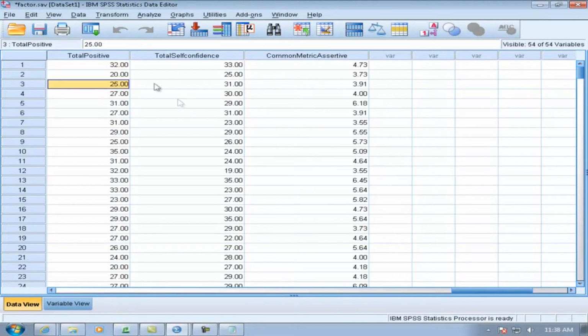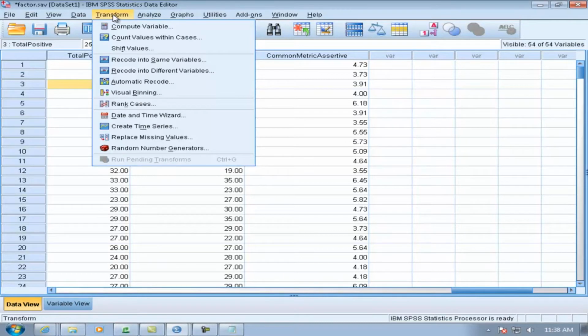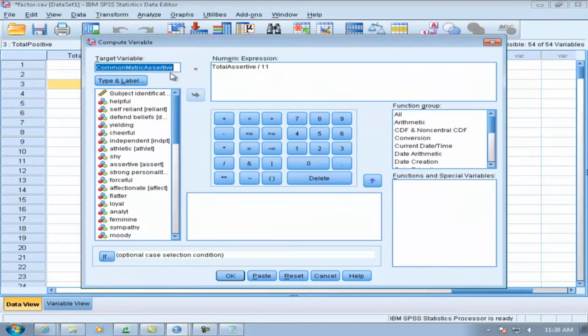Now then what I'm going to do, I'm going to need to do that to all the other three factors, 2, 3, and 4. So we're going to go back to transform, compute again. I can leave this common metric business, but this one now is going to be, and I got to take out this one.